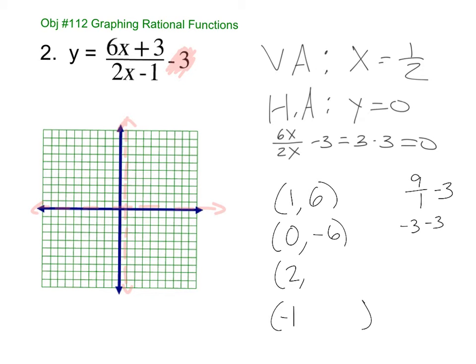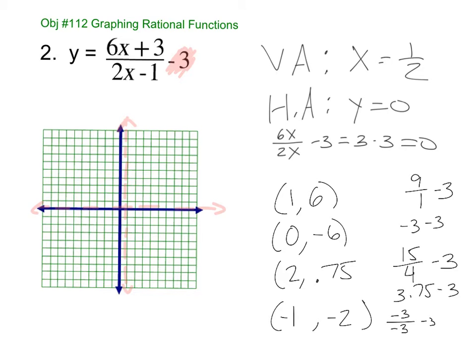If I plug in 2, I get 15 over 4 minus 3. So that's 3.75 minus 3, which is 0.75. And then I'm going to plug in -1. -1 gives me -3 over -3 minus 3, which is -2.